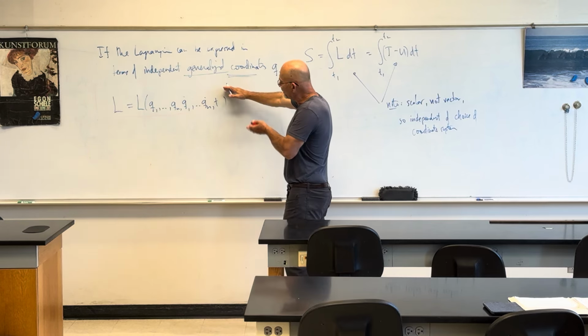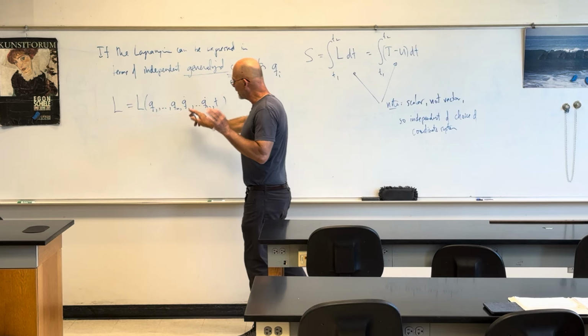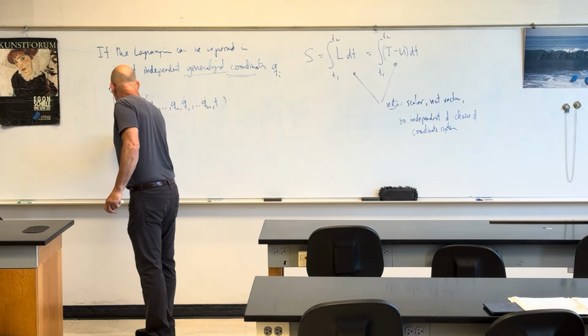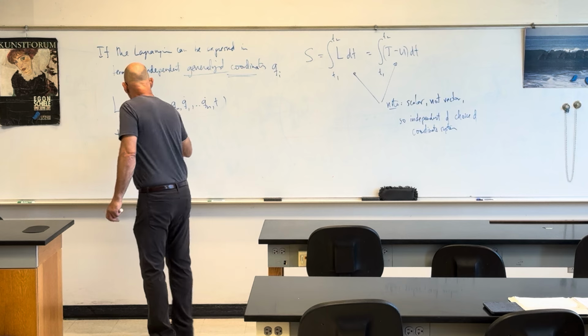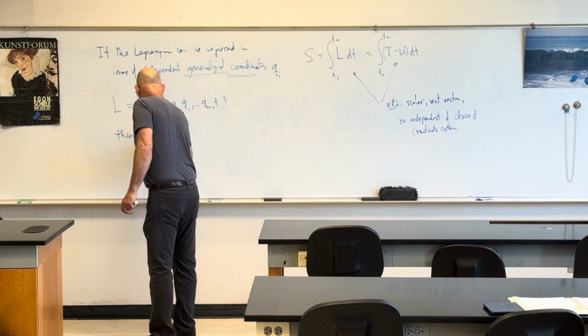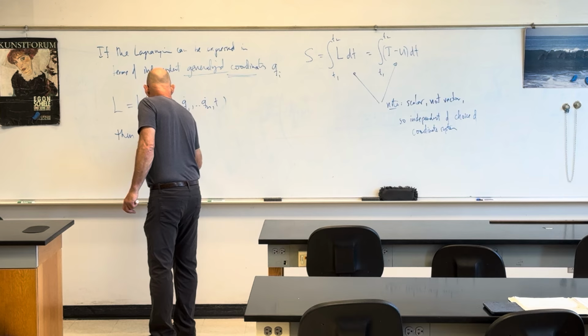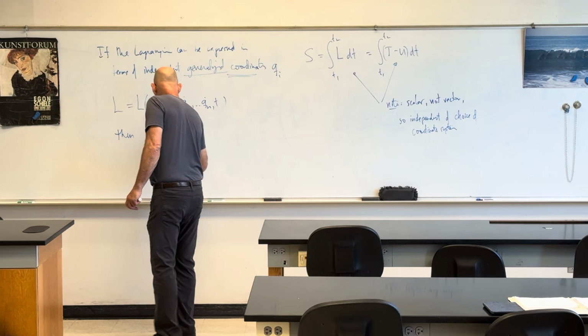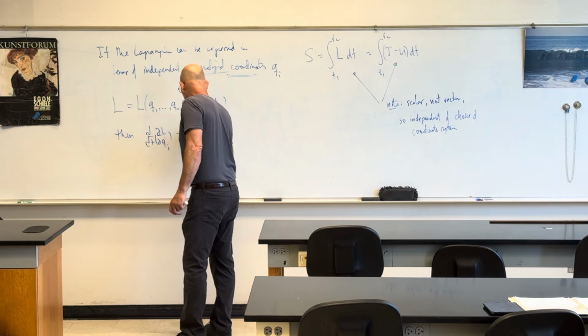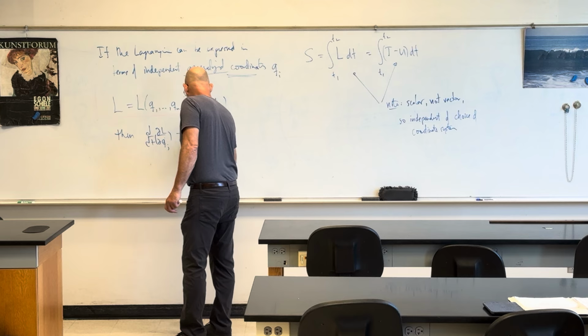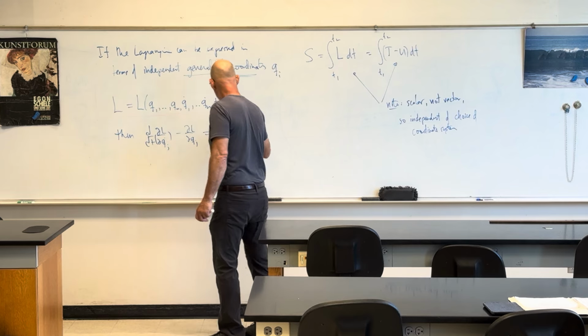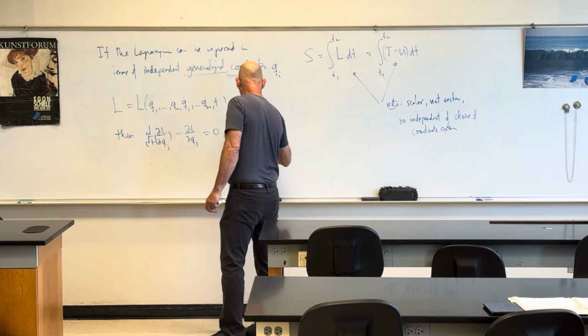So if you're able to do this, say in plane polar, then what we have is d over dt of dL over dq sub j dot, minus dL over dq sub j, equals 0, for j equals 1 to n.